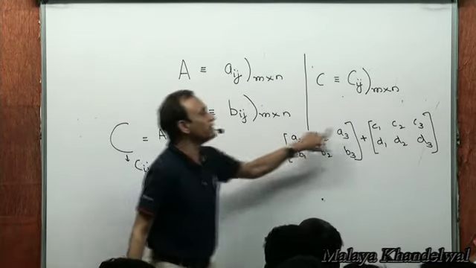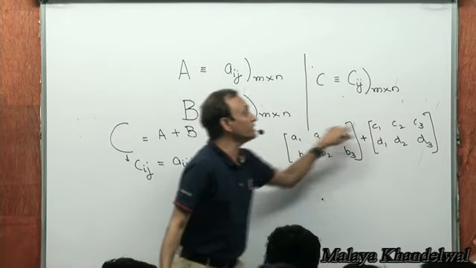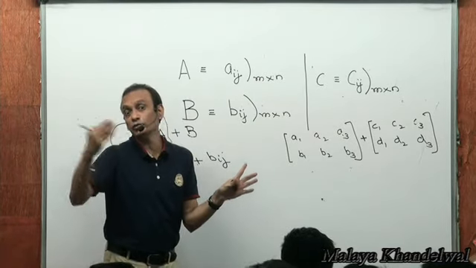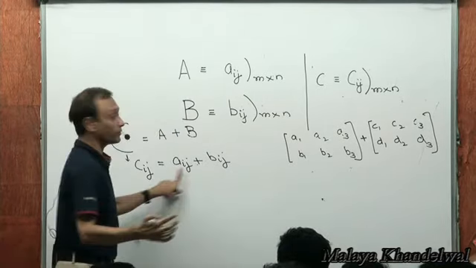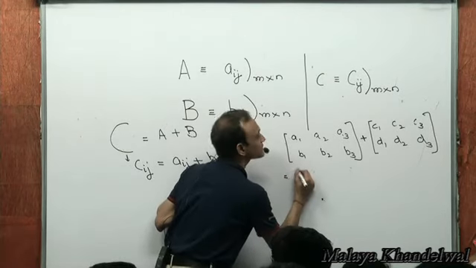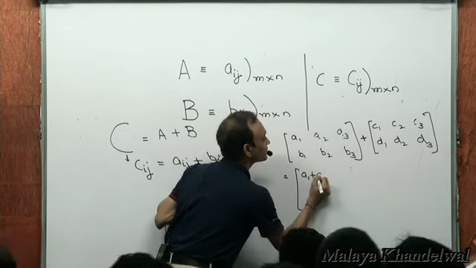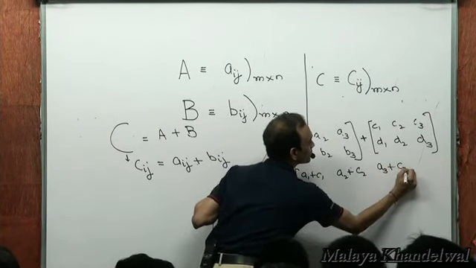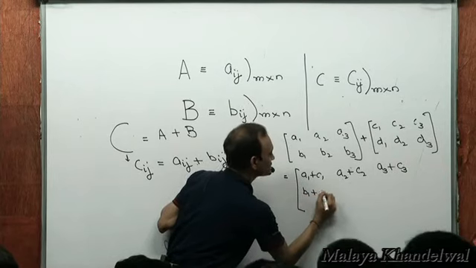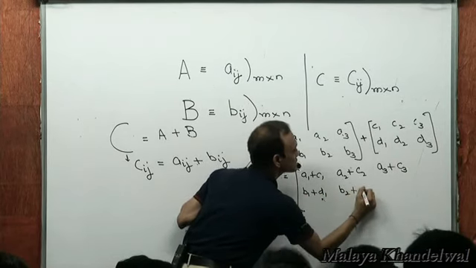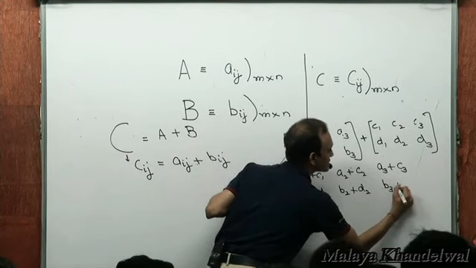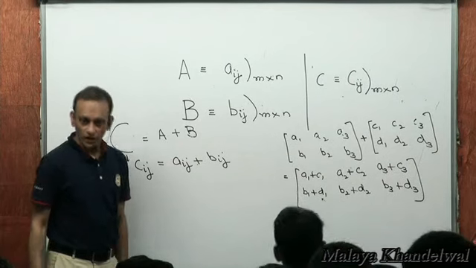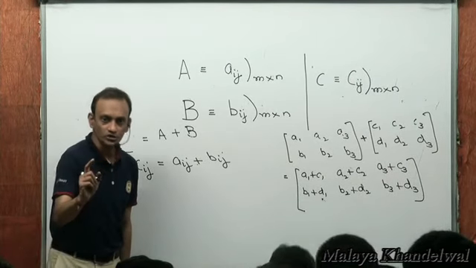Then this element is to be added to this element, this to this, and so on and so forth. Aij would be added only to Bij, right? So then this sum is, for example, A1 plus C1, A2 plus C2, A3 plus C3, B1 plus D1, B2 plus D2, B3 plus D3, right? Do you understand what I've done here?